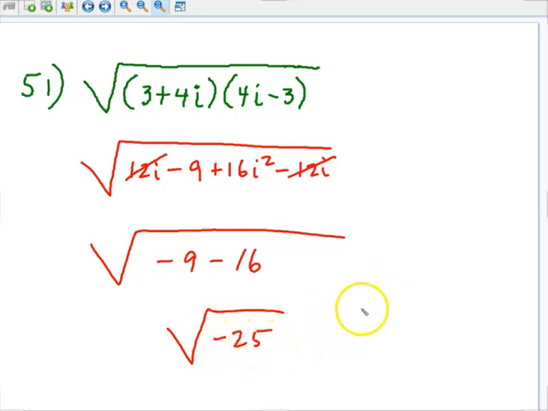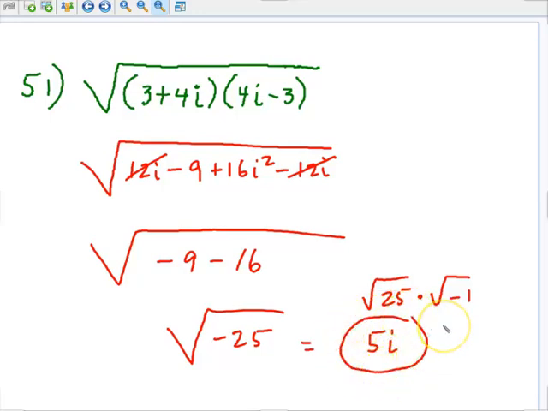And so when I'm doing the square root of a negative number, just think of this factoring. The square root of positive 25 times the square root of negative 1. And the square root of 25 is 5. And by definition, the square root of negative 1 is i. And so the square root of negative 25 is 5i.